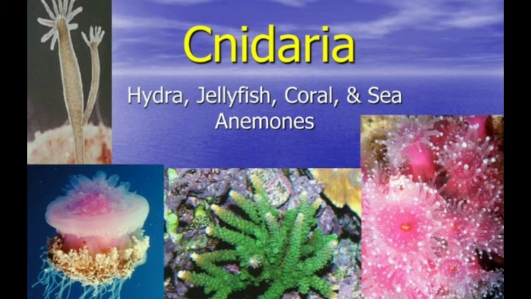Those are Cnidaria, Annelida, Mollusca and Arthropoda. Firstly we have to discuss Cnidaria. We don't say the C. C is a silent letter in Cnidaria. We don't say the C.